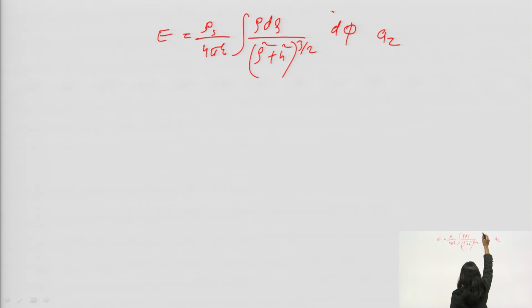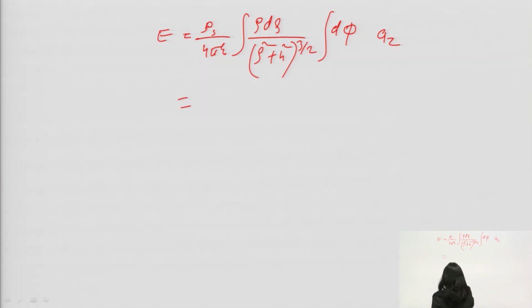So we can write it in this way also, where one time we will do the integration for the rho term and the other time for the phi term.